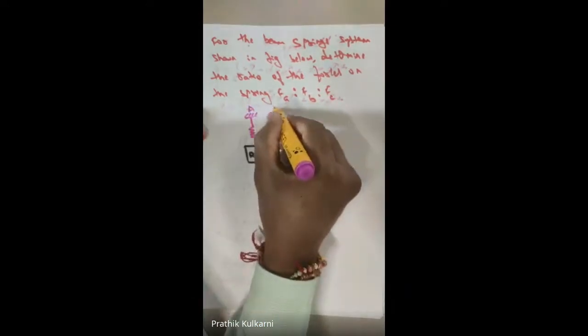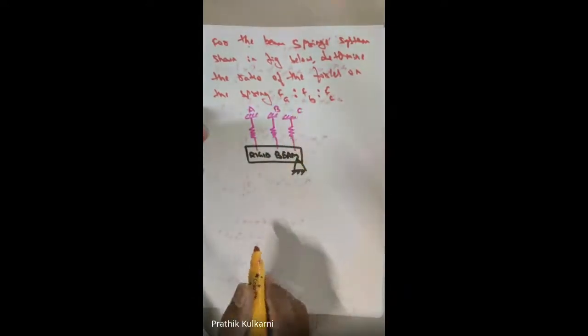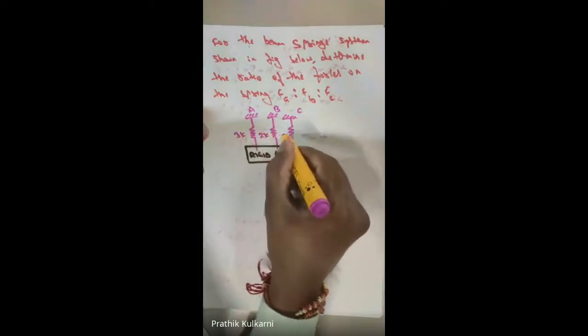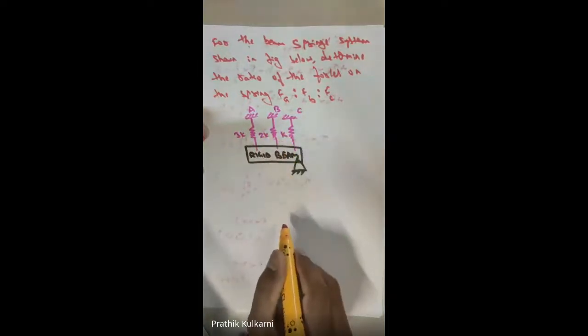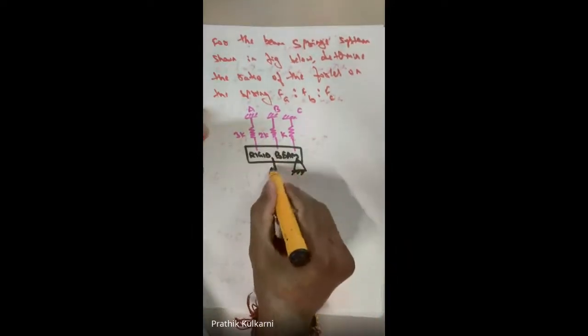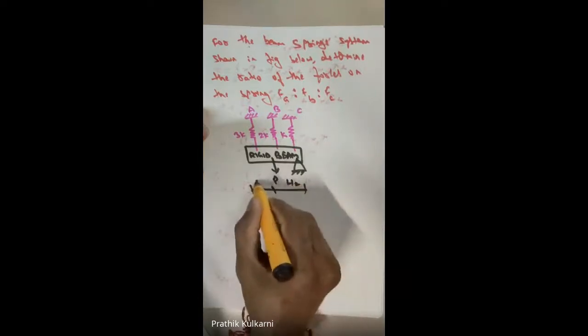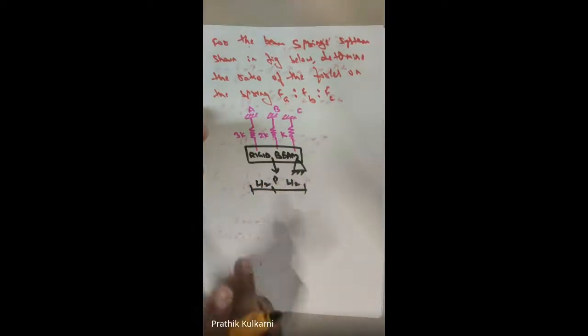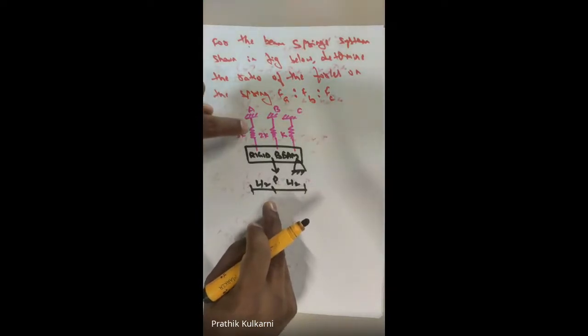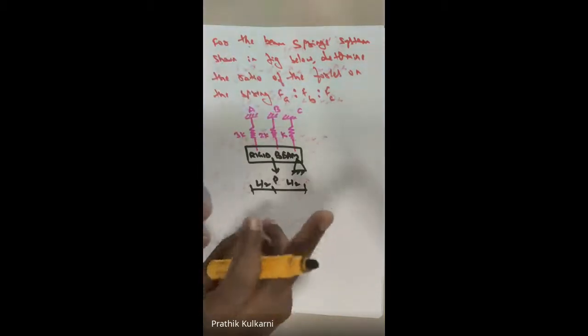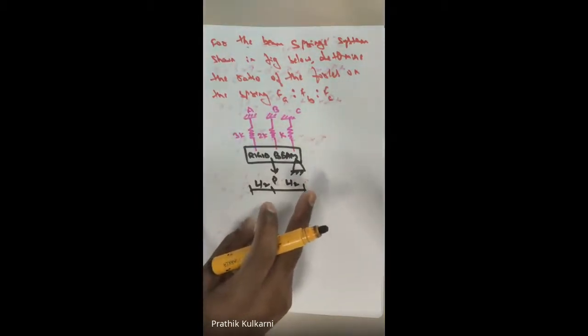So this is spring A, let us take this is B and this is C. And the stiffness is given. Stiffness here it is 3K, here it is 2K, here it is K. Somewhere here we have a load of P, and the distance is L by 2, L by 2. Now find out the force in spring A, the force in spring B, the force in spring C.